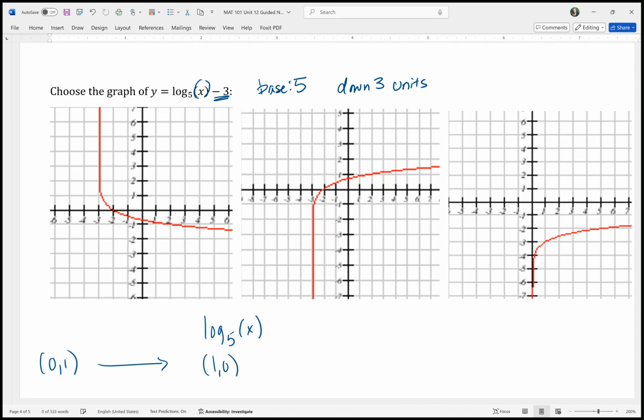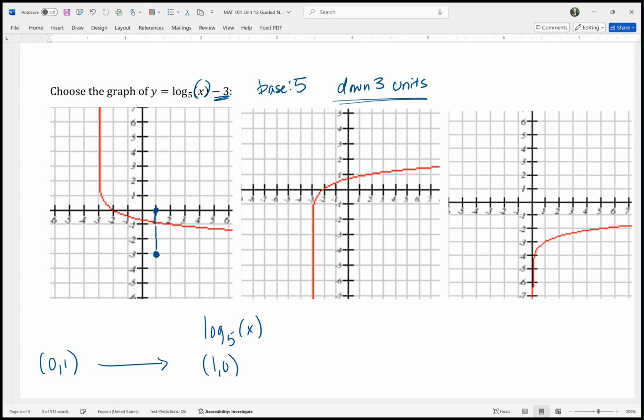And so that's the moving that we're doing. If I go to 1, 0, then go down 3 units, I want to see if that point is on the graph. That's how we're determining this. So I'm going to go to 1, 0 on each one of these, not 0, 0, 1, 0. And I'm going to go down 3 units. So 1, 2, 3.